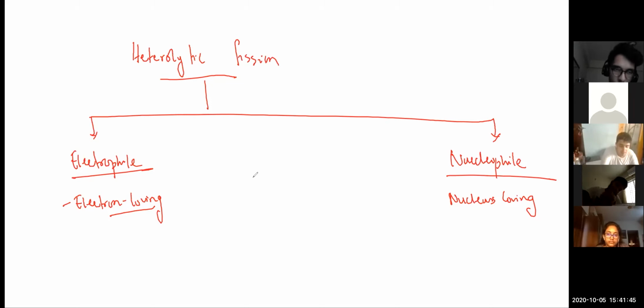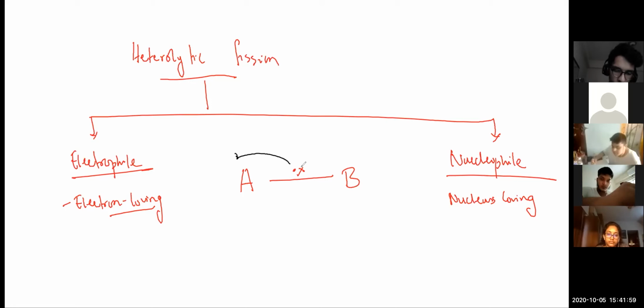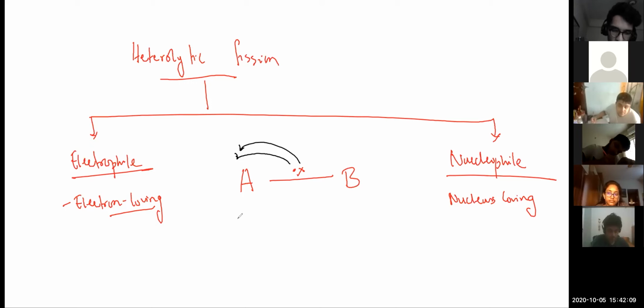So for an example, if we take A, which is bonded to B, and if both the electrons come to A, which basically means that A is getting both the electrons and B is getting none.